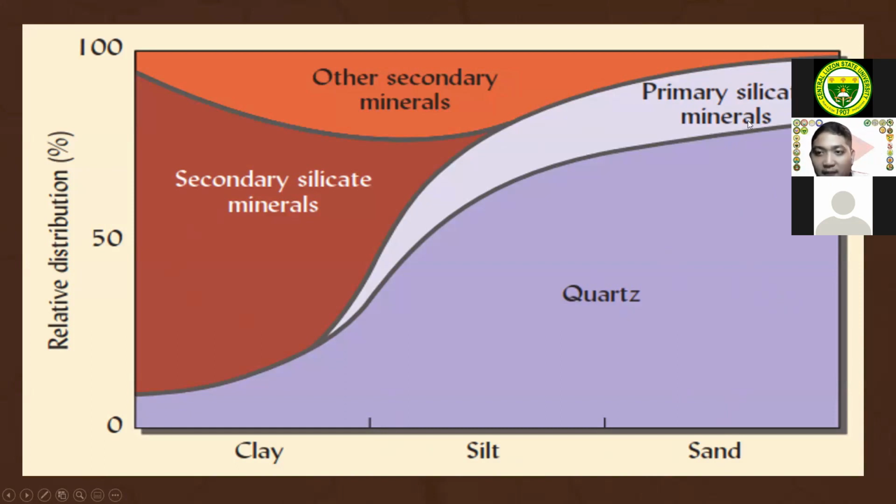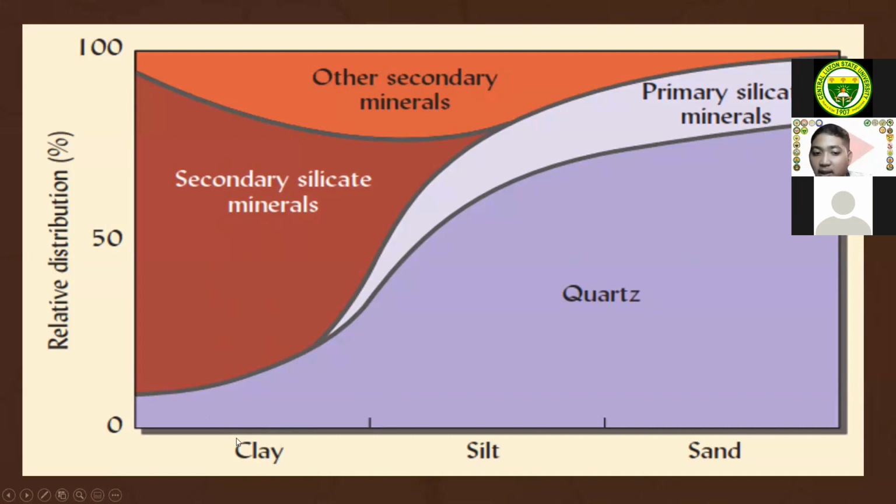Then, after masubject sa weathering yung ating mga primary minerals, nagkakaroon tayo ng secondary minerals. So dito naman madami yung clay natin, yung secondary minerals. Makikita nyo, sa clay natin, maliit lang yung percentage ng quartz. But sa sand natin, dumadami yung quartz, yung relative distribution ng quartz and other primary silicate minerals.